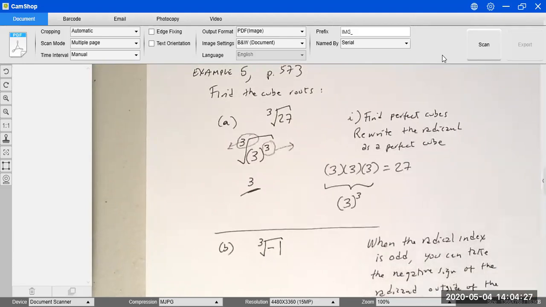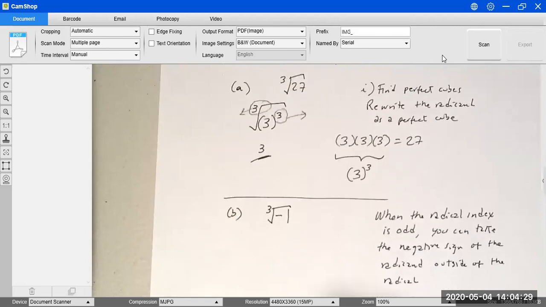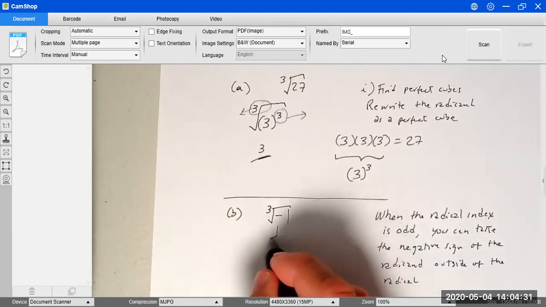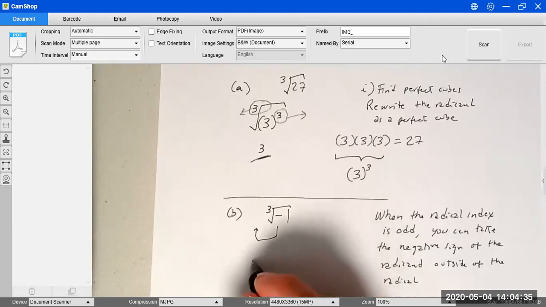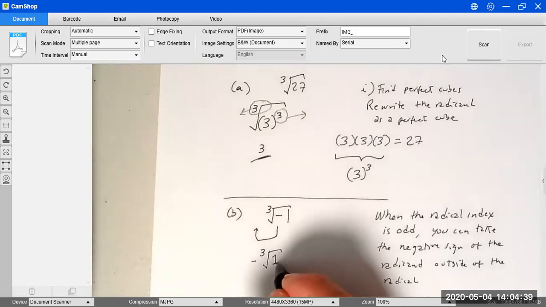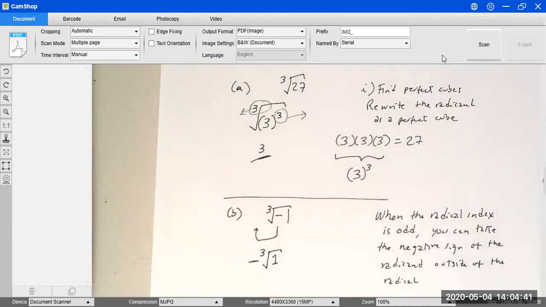In other words, I can move this negative sign to outside. So I'm going to write negative the cube root of only 1, because now the negative sign is outside.